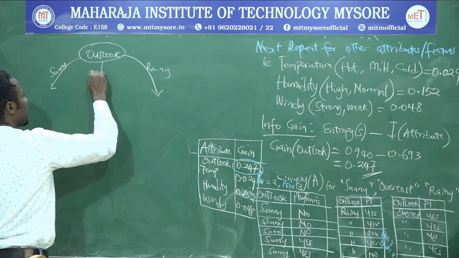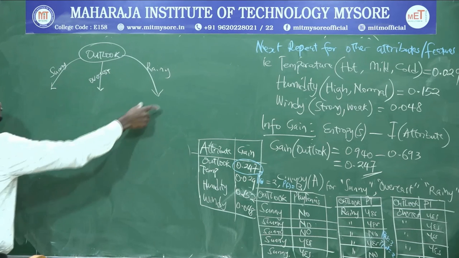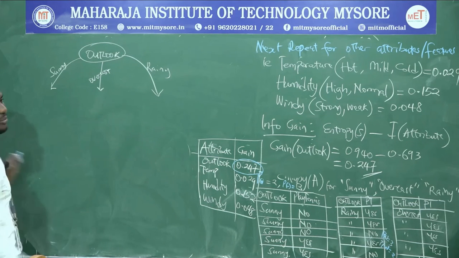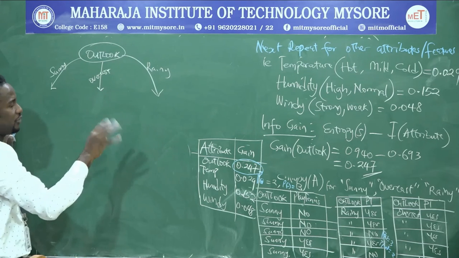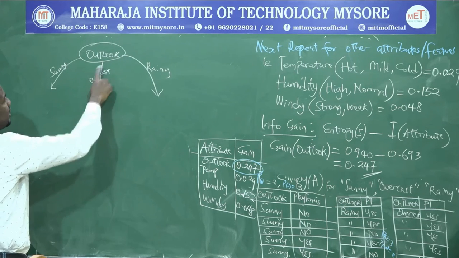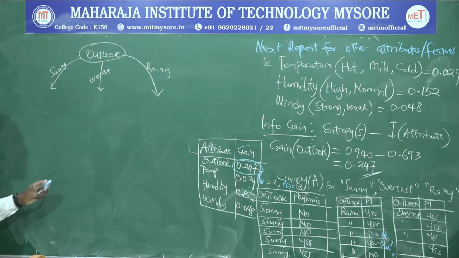Why did I put overcast at the center? Simply because I know that these two require branching and this doesn't. It doesn't matter, you can put it elsewhere, but if I put sunny and rainy on one side and overcast on the other, it doesn't look nice. So I try to balance the three.